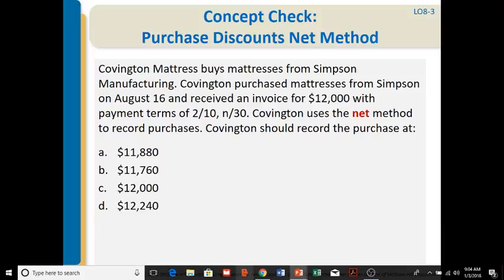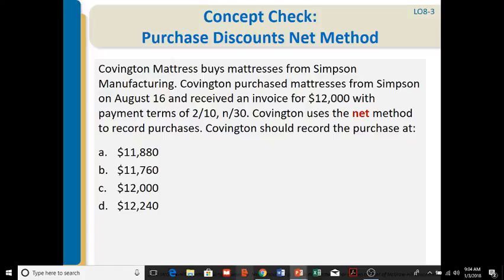All right, so here, we purchased mattresses on August 16, received an invoice of $12,000, terms 2/10, net 30. Covington uses the net method to record purchases.